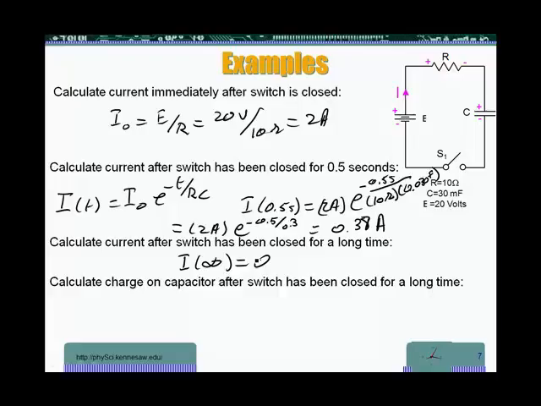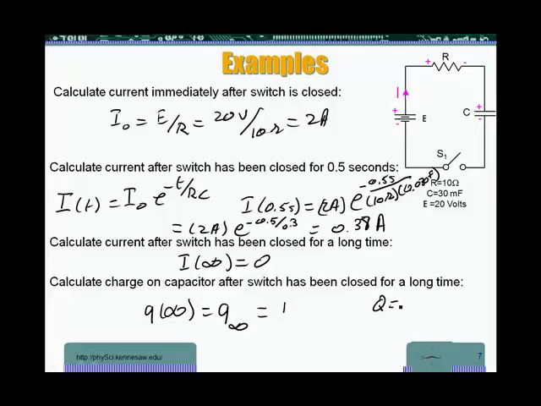Next question, calculate the charge on the capacitor after the switch had been closed for a long time. The charge on a capacitor after the switch had been closed for a long time, what we labeled as Q infinity, is just the voltage of the source, the maximum voltage that we can have across the capacitor, which is in this case the voltage of the source.